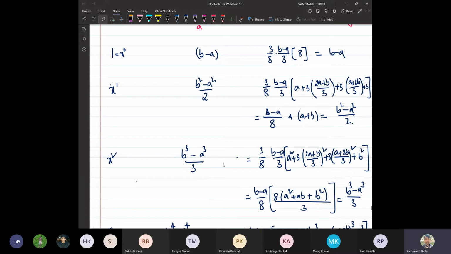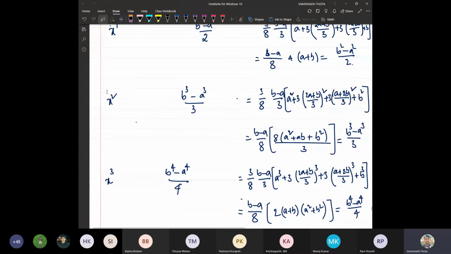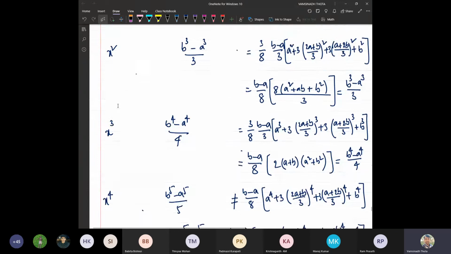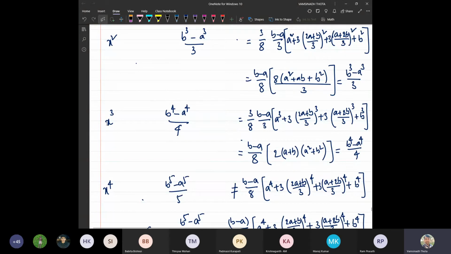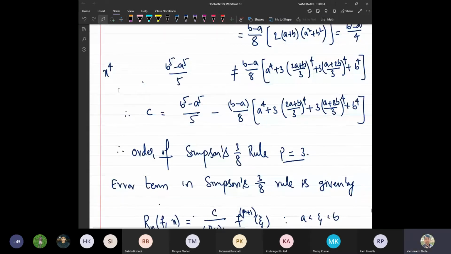Similarly, the same thing is happening for polynomials of degree 2 and polynomials of degree 3 also. But for polynomials of degree 4, that is not the case. This is the integral value after evaluating by direct integration: b to the power 5 minus a to the power 5 upon 5.